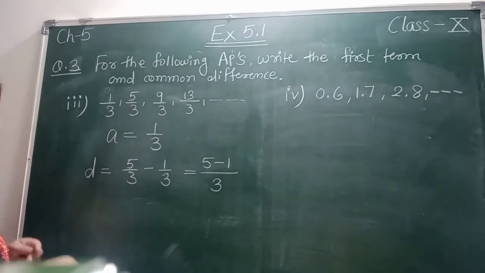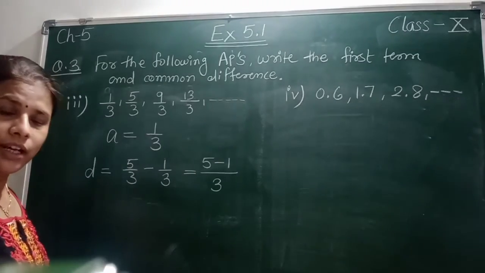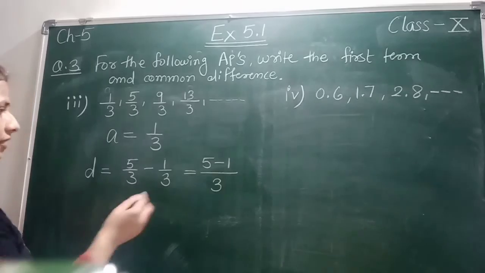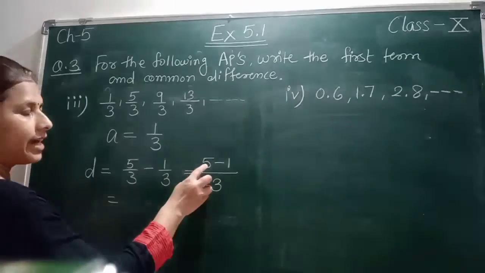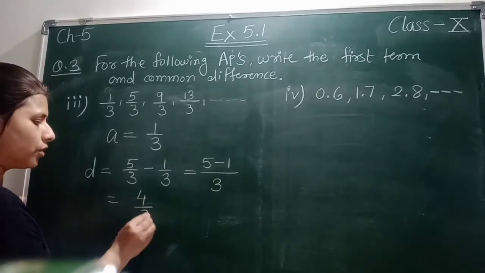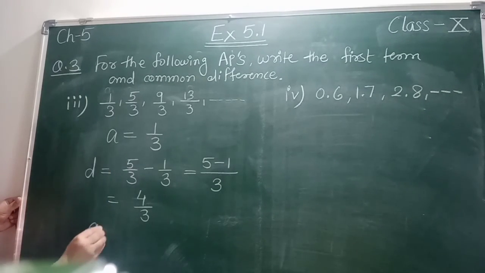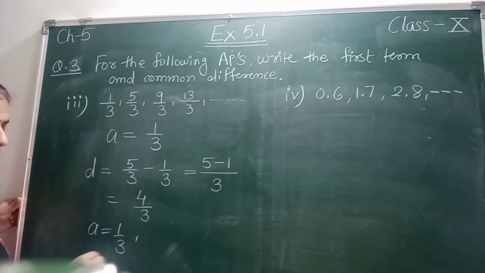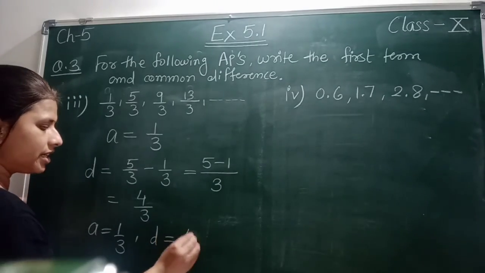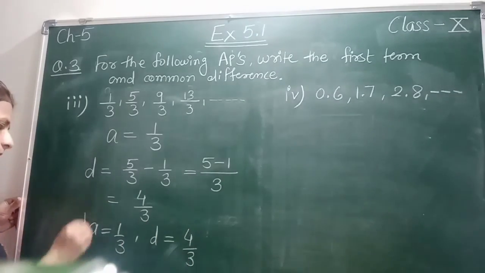In case the denominators are different, we will first take the LCM, then we will simplify. So 5 minus 1 means 4 upon 3. So for this particular question, a is 1 upon 3, the first term, and the common difference d is 4 upon 3.